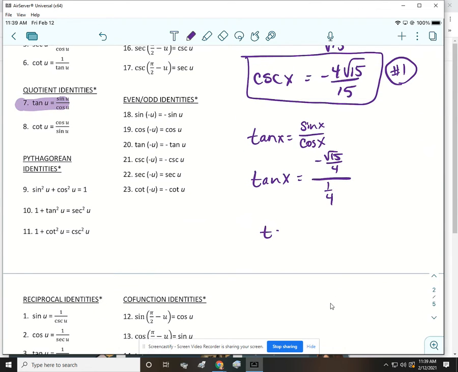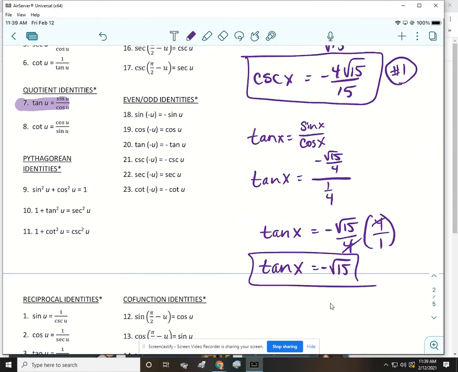All right, and then we know to divide by 1/4 is the same as multiplying by the reciprocal, or multiplying by 4. So that means that tangent of x is going to be equal to negative square root of 15.